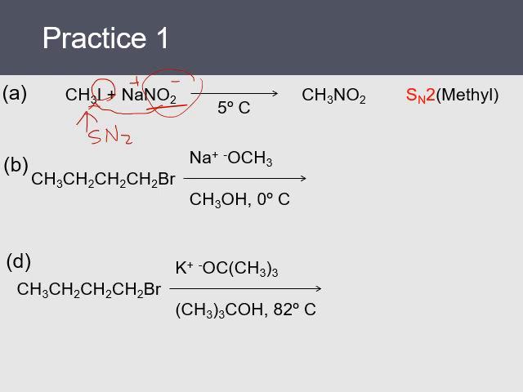Now in B, that's a primary alkyl halide, and again prefers SN2 reaction. Now E2 may also happen, so let's look at the base. This is a strong base, methoxide.